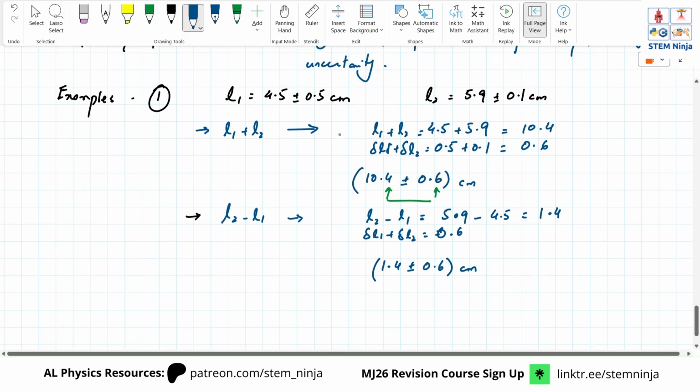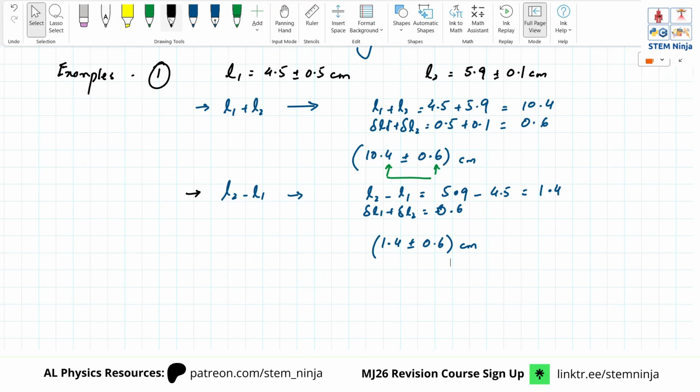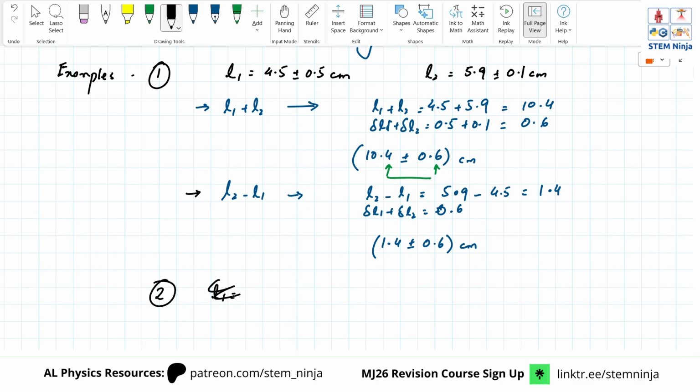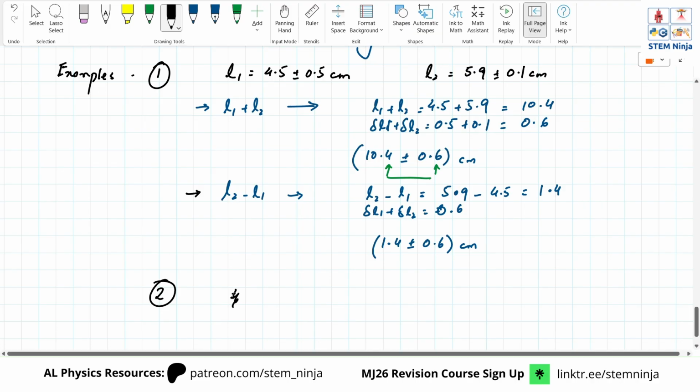Now let's see the multiplication route, for example. Let's take an area case over here. You have dimensions of a rectangle.